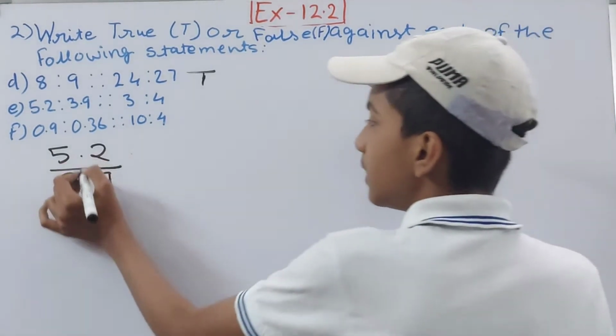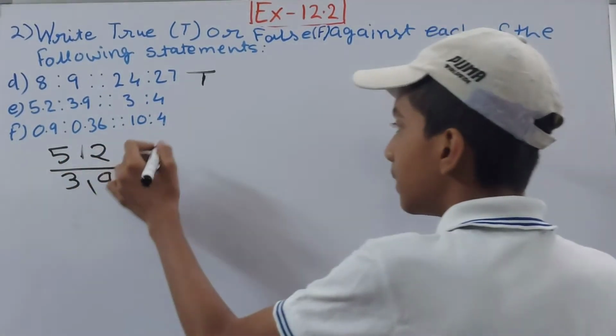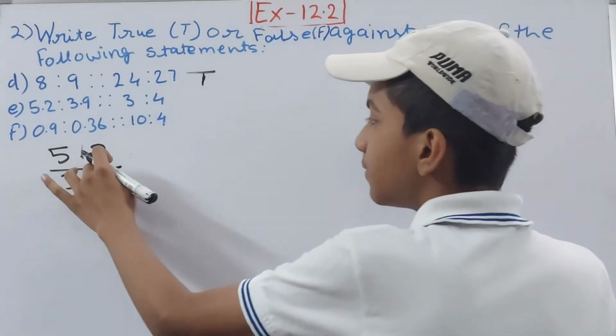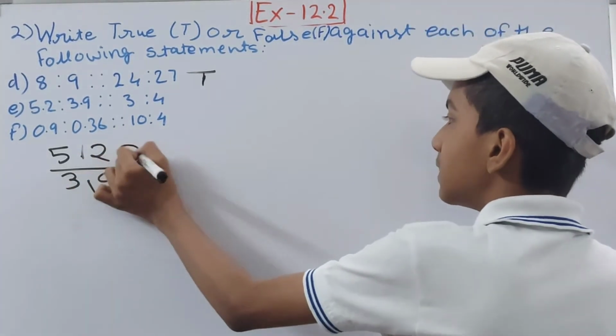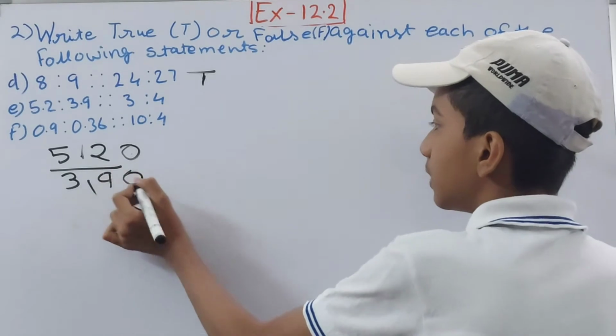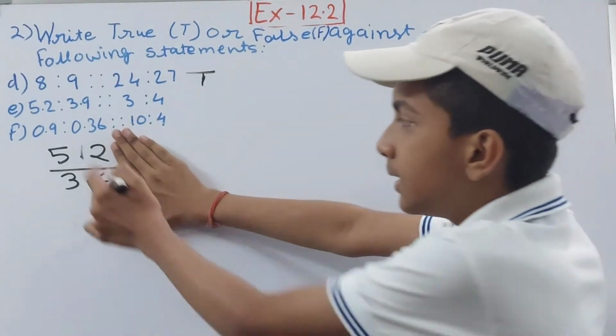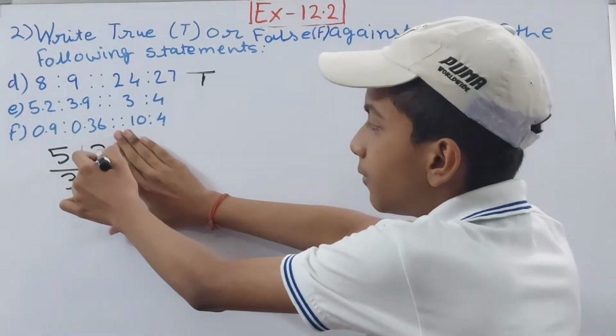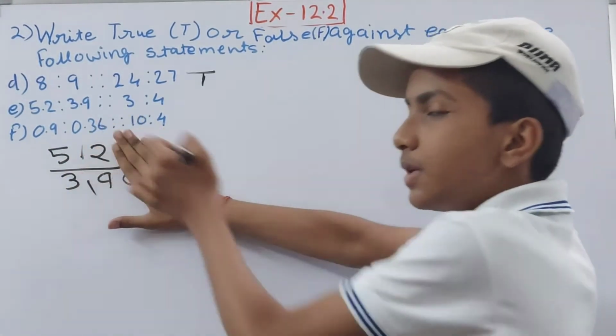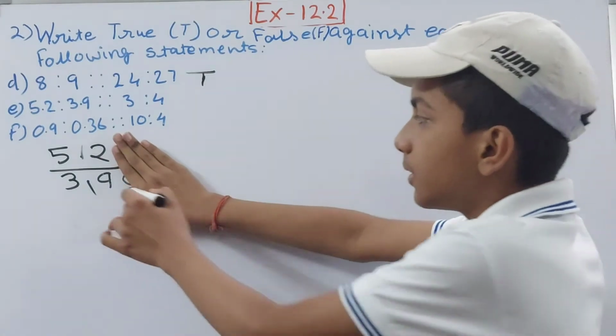Or you can simply cut this decimal, cut this decimal. Right, so you can see this is one place from the right, so you will put a 0 here and another 0 here. Why? Because if you cut this decimal, it is one place from the right, so one 0 will be placed. Same for this one also.